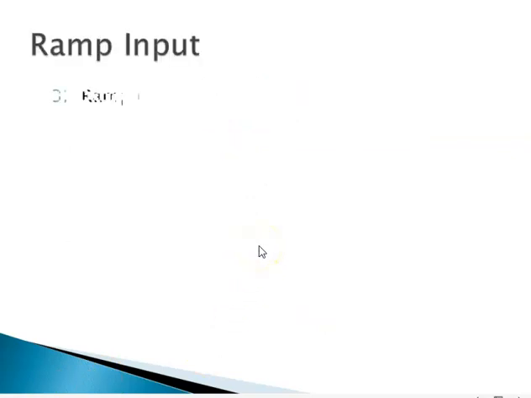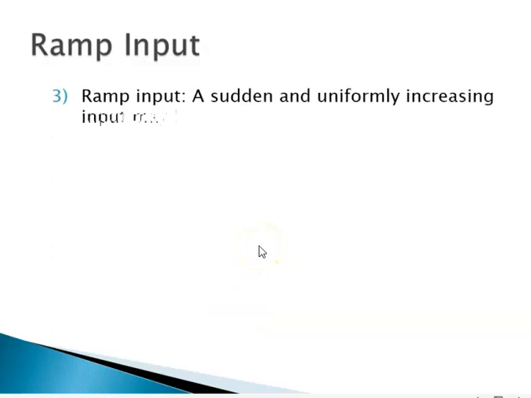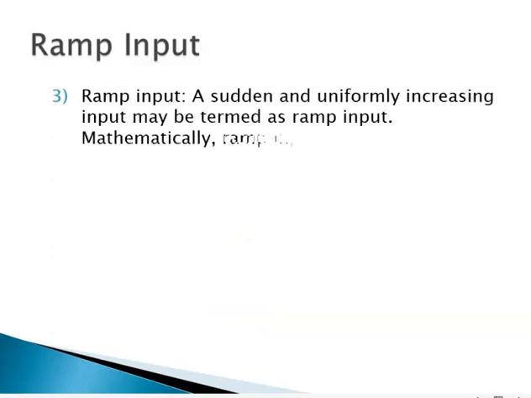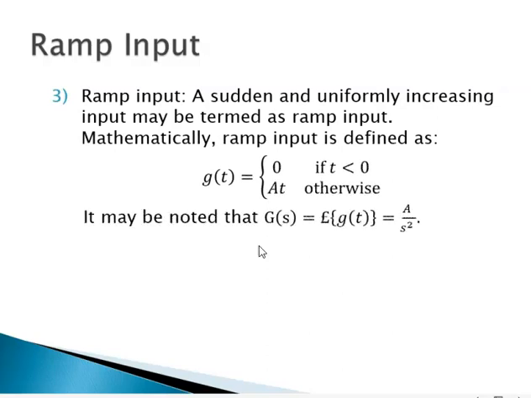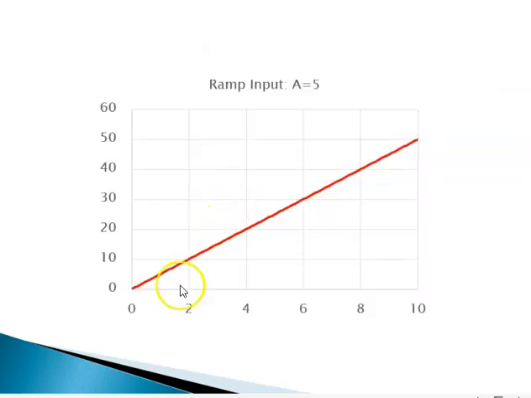Another input is a ramp input, which is sudden and uniformly increasing. So in the case of step, it is sudden and remains constant after the change happened, whereas in the case of ramp input, it is sudden and uniformly increasing. We'll see a picture of it as shown here. Ramp input for A equal to 5.